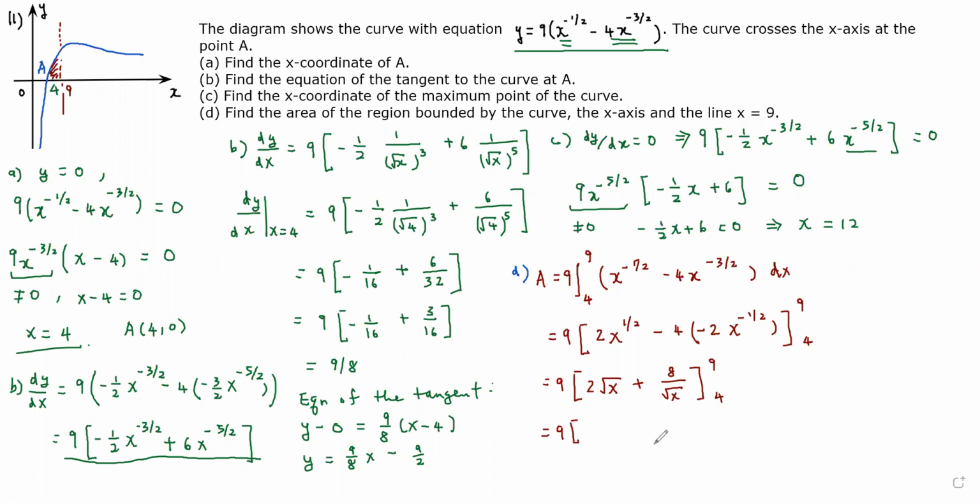Now we replace x with 9, so we have 2 root 9 plus 4 over root 9, minus all these when x is 4. So 2 root 4 minus 8 over root 4. And when we evaluate this, we will get 6 finally as the area.